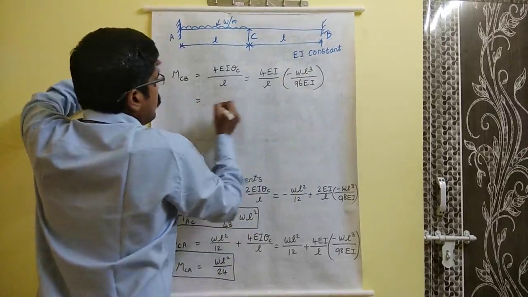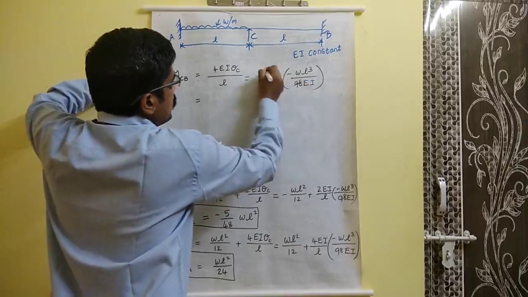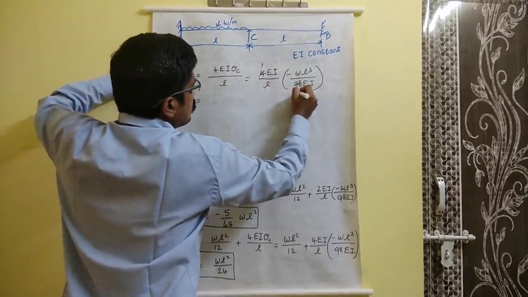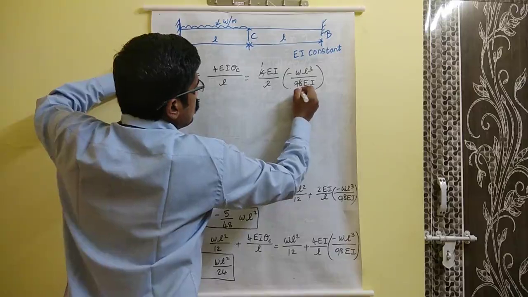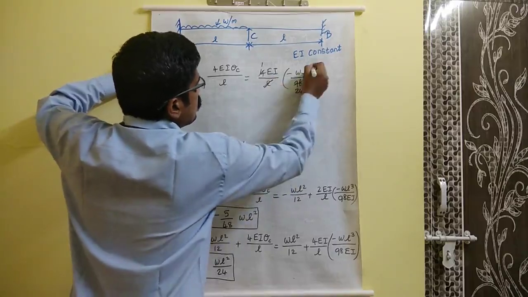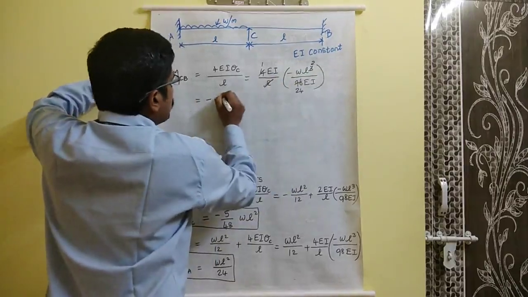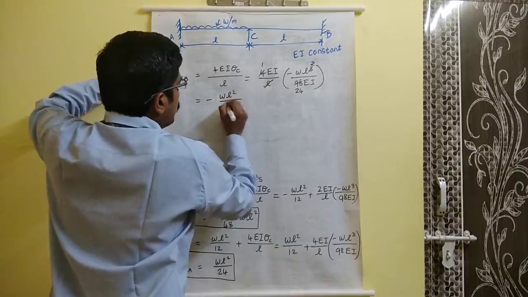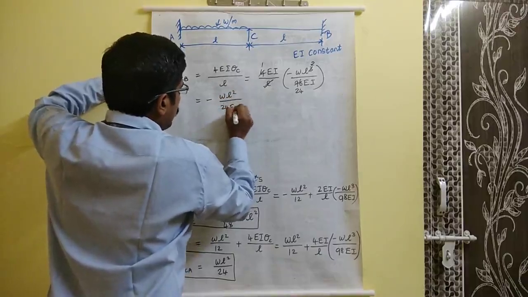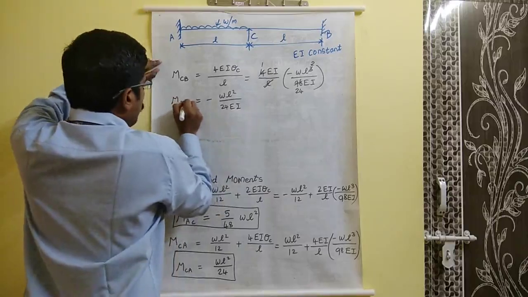If you solve it, the value is minus WL square divided by 24. So this is nothing but the MCB moment.